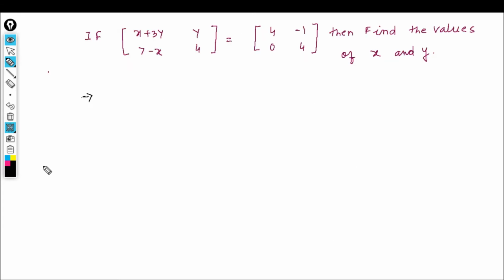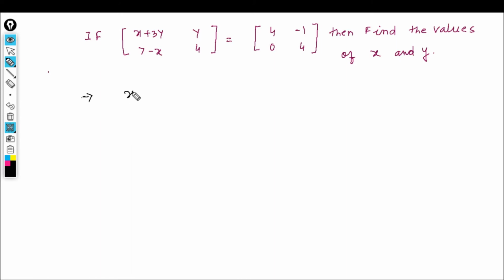Let us see question bachcho. If matrix x plus 3y, y, 7 minus x, 4 is equal to this matrix 4, minus 1, 0 and 4, then find the values of x and y. So these two matrices have equality sign. This implies corresponding elements are same.